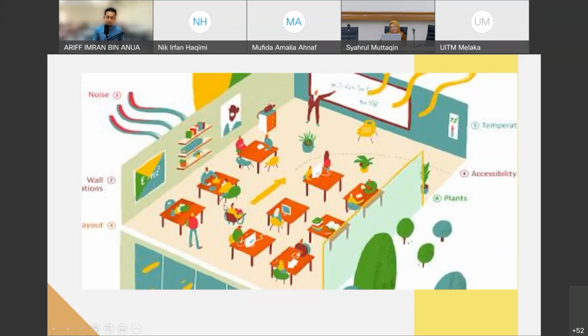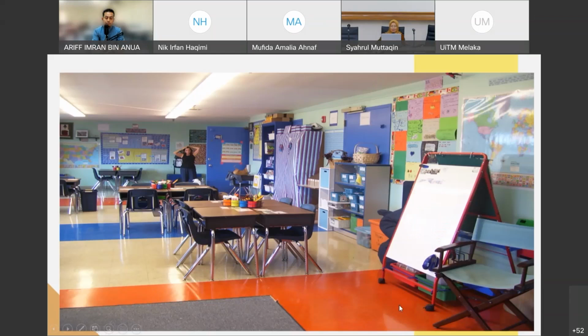This kind of consideration will be taken into account when the teacher sets up a class. This is the physical environment that could be seen. I will show you this picture. What can you say about the physical environment of this class?